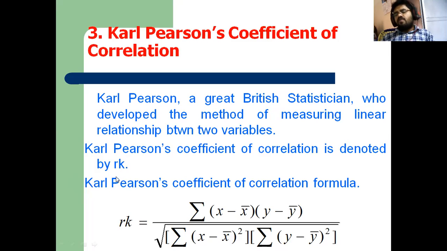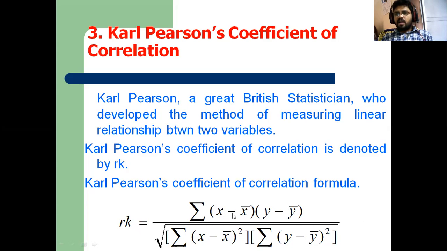Now let's see how we can estimate the Karl Pearson coefficient. We need some formulas; there are three. The first formula: rk is equal to the summation of small x, that is x minus x bar, into small y, that is y minus y bar. Directly we can write summation of xy.